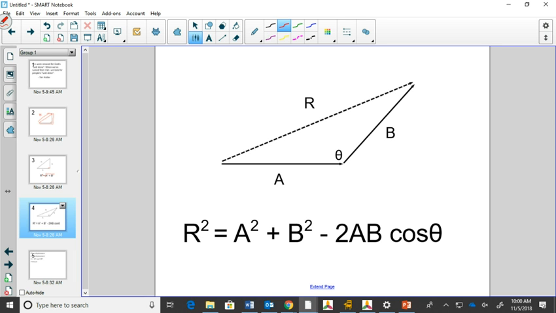Your textbook on page 123 has the law of sines and the law of cosines. I have found that with this textbook, we don't really use the law of sines at all, which is simply the ratio between them. We definitely will use the law of cosines, though. Noticing the same part, a squared plus b squared, but I have to add this second little piece to take care of the fact that I am no longer at a 90 degree angle, looking at the cosine of that angle there.